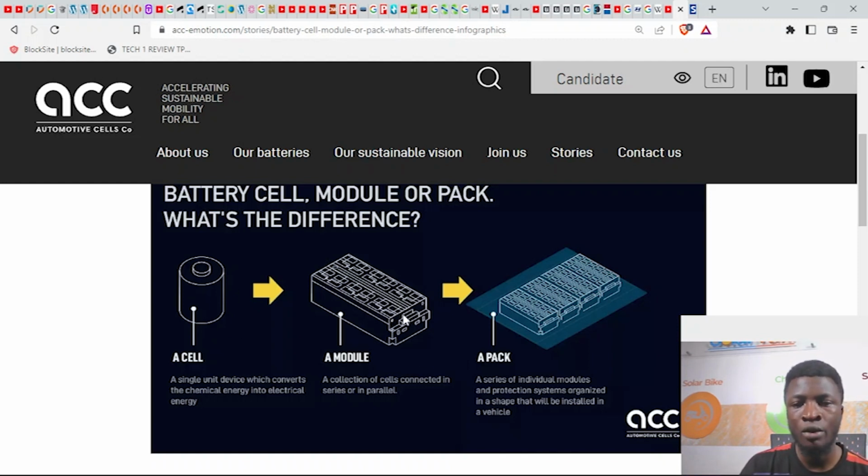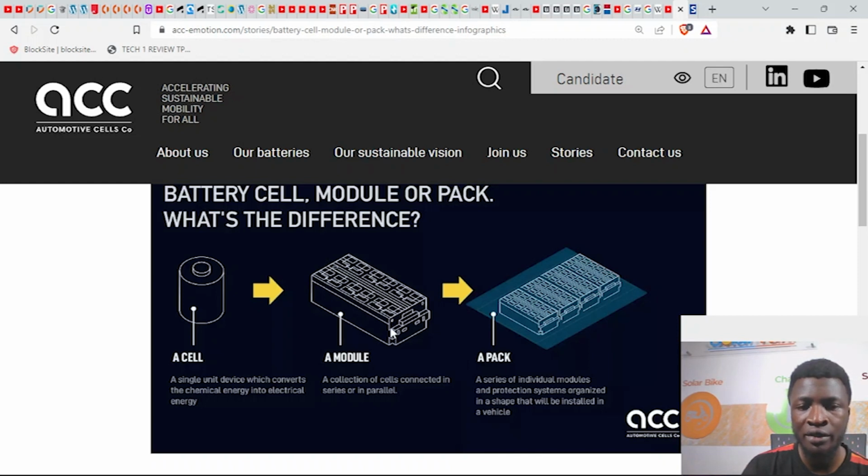These cells are arranged in a way that they can fit as a module. The module is what we call a collection of cells connected in series or parallel. We add them in series to increase the total voltage. Let's say this cell is 4 volts and we have about 5 cells; when we connect them in series, we increase the total voltage to 20.